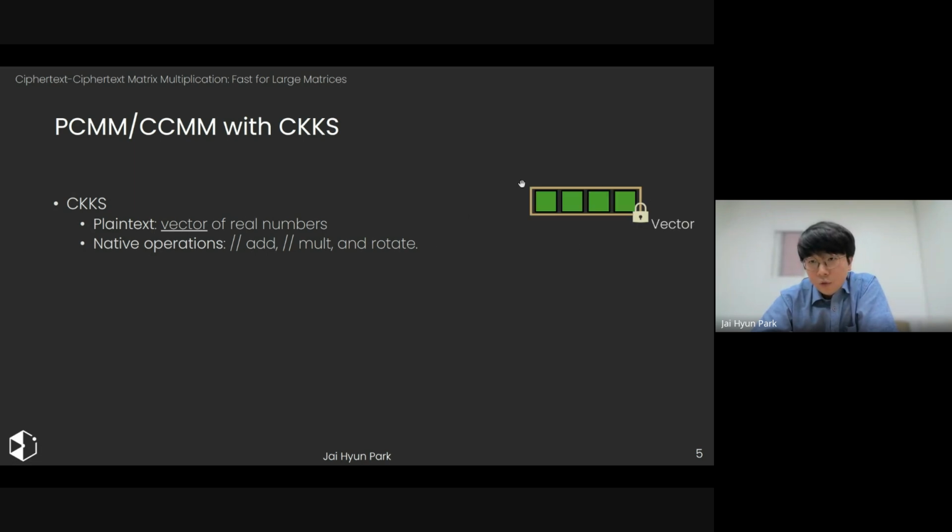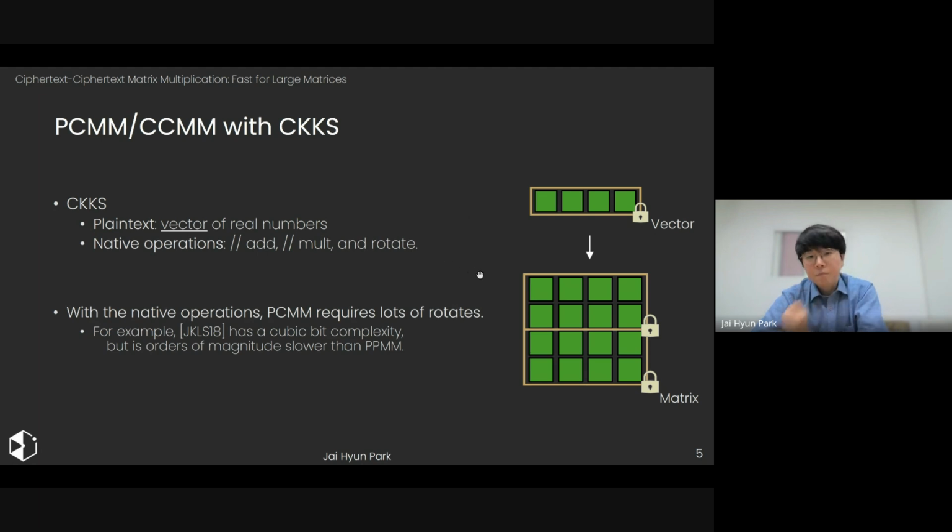So it stores a vector here, and if you want to play with matrices, sometimes you need several ciphertexts like this. Once you think about what happens during linear algebra, you can find that you need to move the data across the slots really frequently.